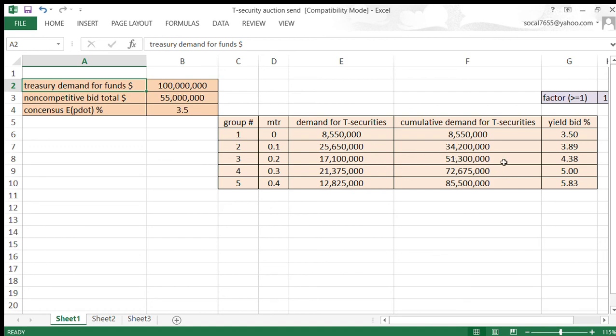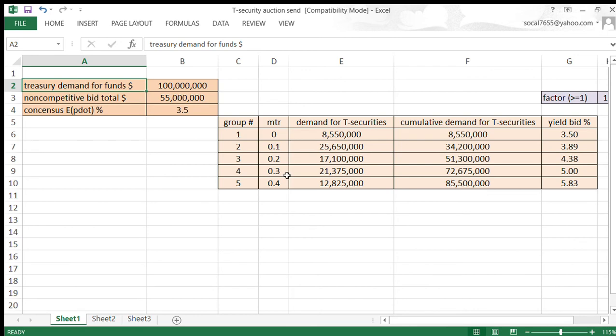But you can think through different ways of setting up auctions. That'd be a good exercise for you, to think through what's a better way of doing things. Okay, so this auction will go out at 4.38%. It's very important you know that everyone who gets a Treasury security is going to get 4.38% as their return.